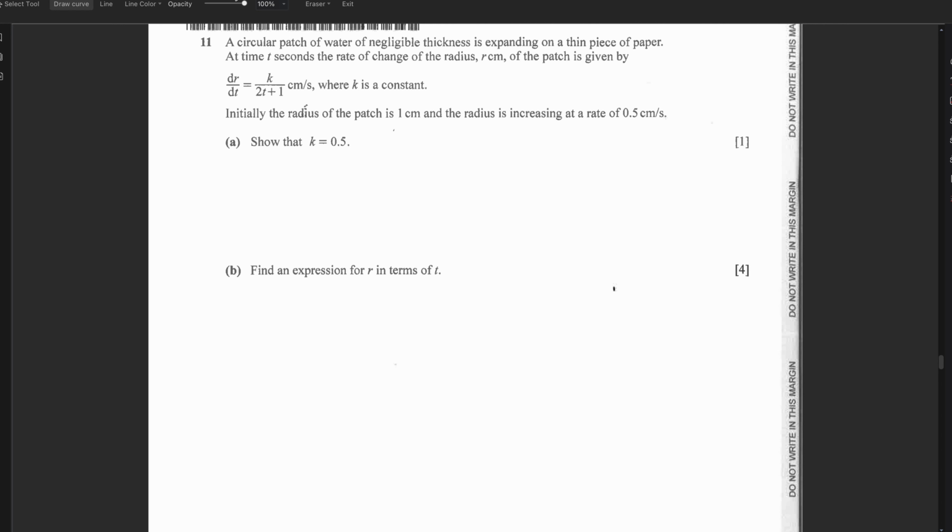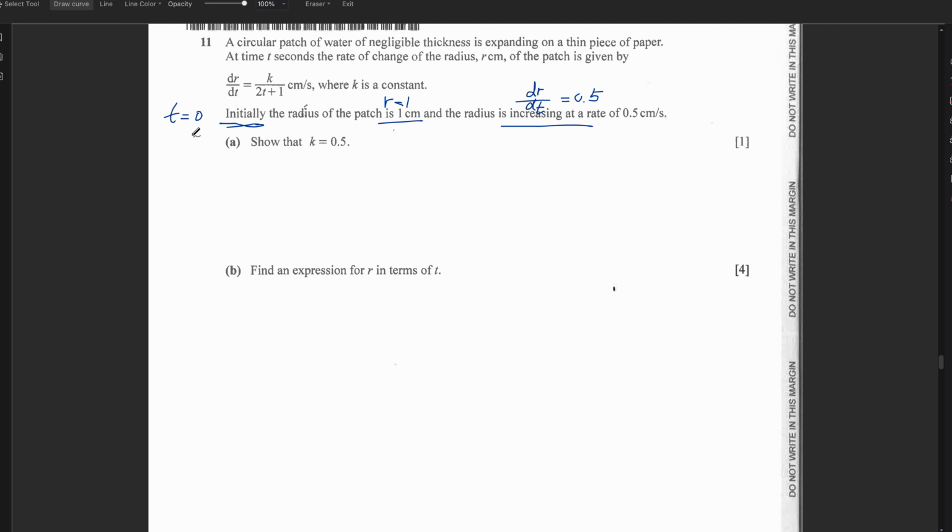Question 11. A circular patch of water of negligible thickness is expanding on a thin piece of paper. At time t seconds, the rate of change of the radius r is given by dr/dt, where k is a constant. Initially, t is 0, r is 1, and dr/dt is 0.5.